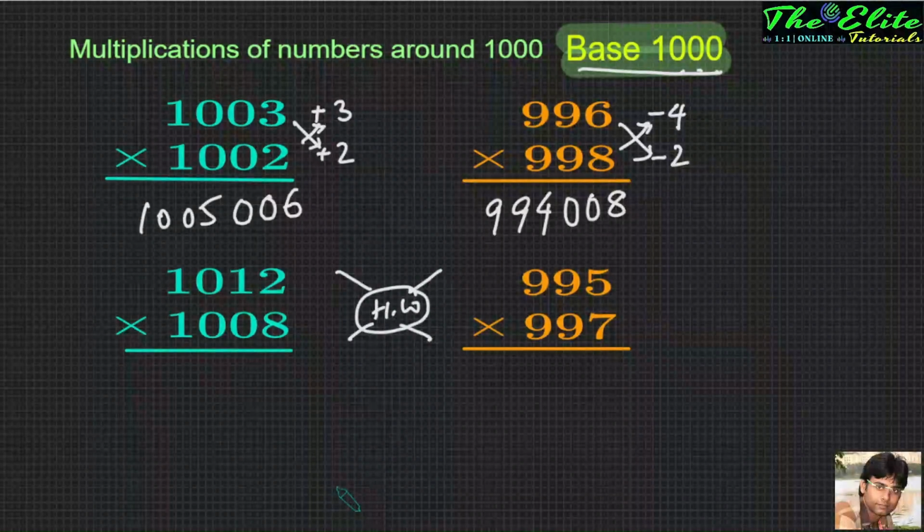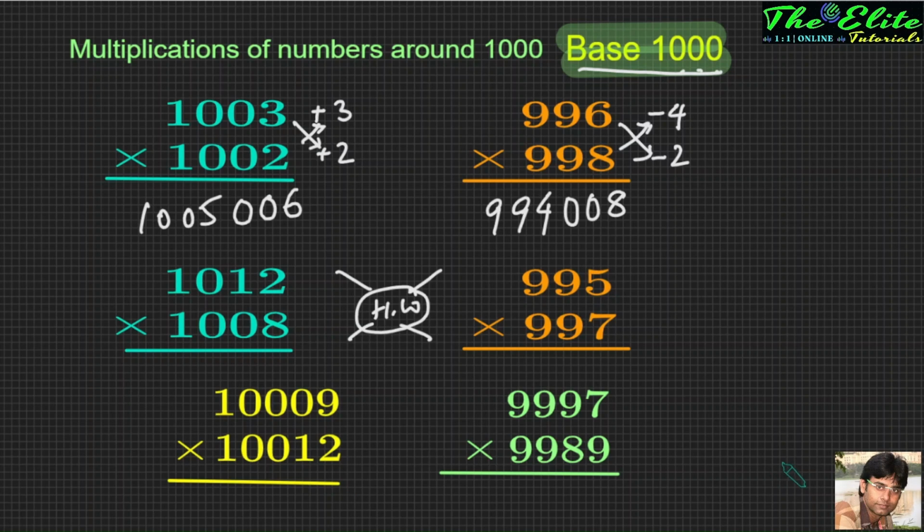So let's see what is there. We have 2 more numbers that are big, on the base of 10,000. This is 10,009 and this is 10,012. This is 9,997 and 9,989. This is something less than 10,000 and this is a little more than 10,000.